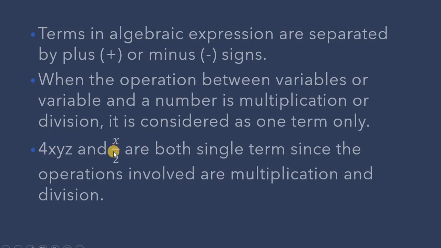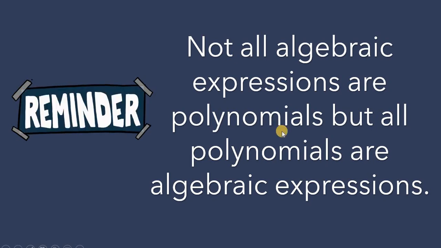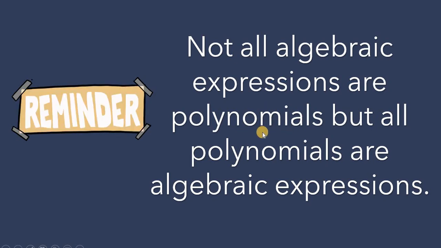Also, the x divided by 2 or x over 2. Dahil division, okay, yung operation, this is considered as one term. So, these are both single terms since the operations involved are multiplication and division. Reminder, not all algebraic expressions are polynomials, but all polynomials are algebraic expressions.